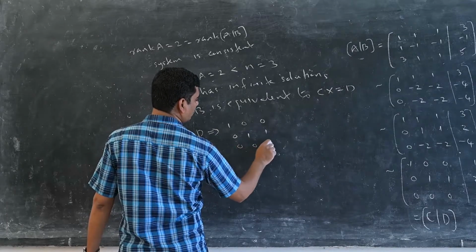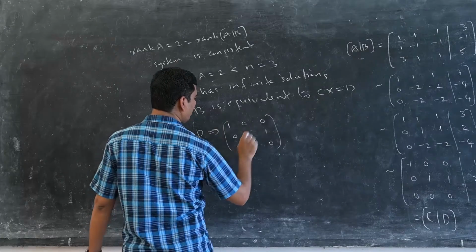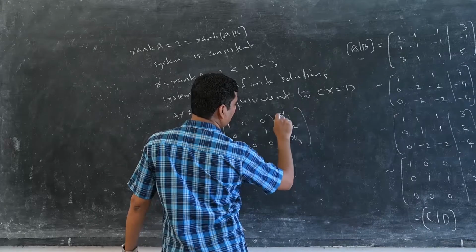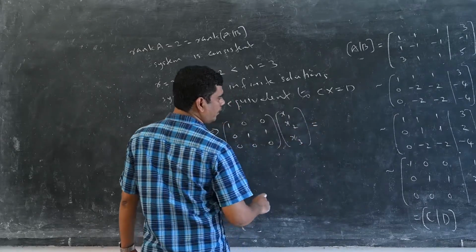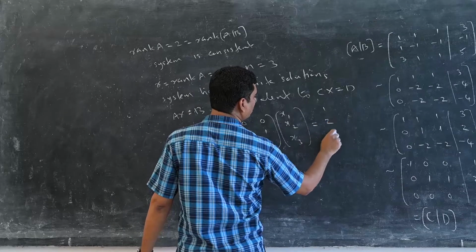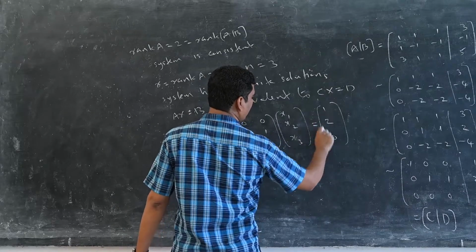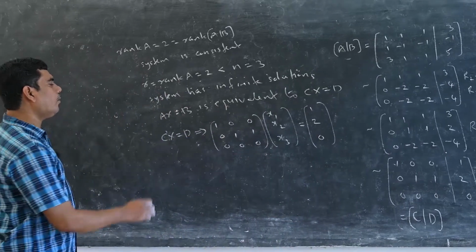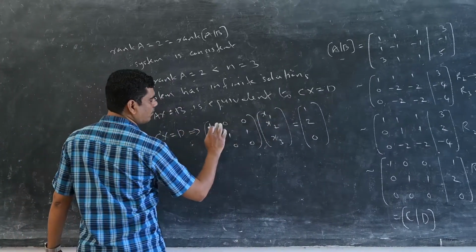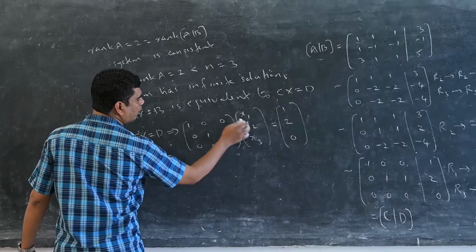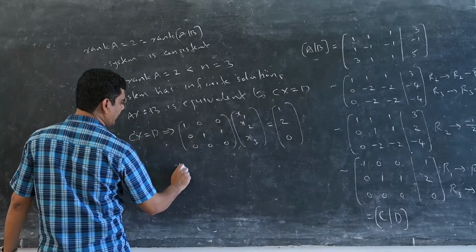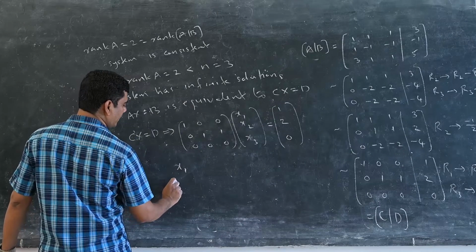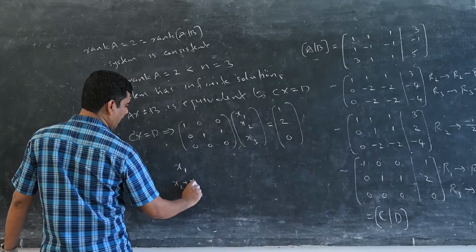This is 0 0 0 into x1 x2 x3. This is equal to D, which is 1 2 0. This is C and D, so this is Cx equal to D. Now multiply these two matrices. 1 into x1 plus 0 into x2 plus 0 into x3, which is x1. 0 into x1 plus 1 into x2 plus 1 into x3, this is x2 plus x3.